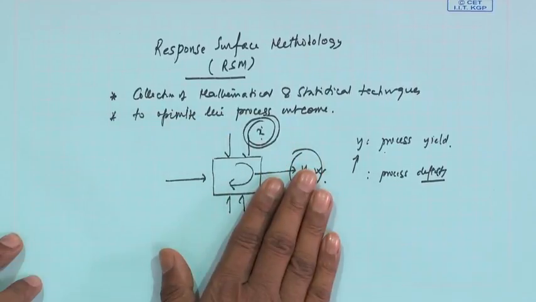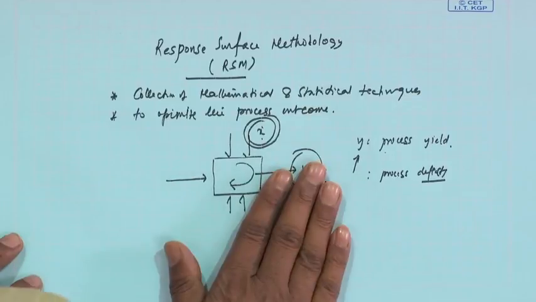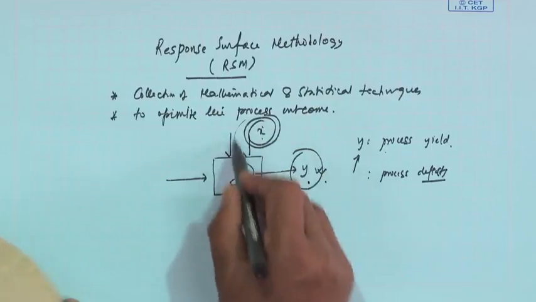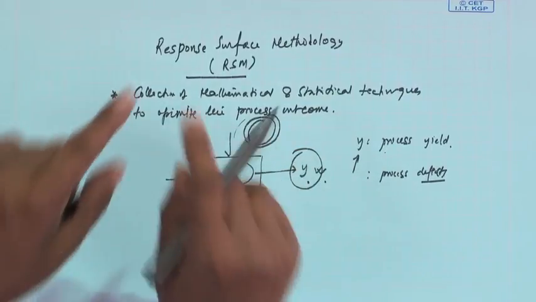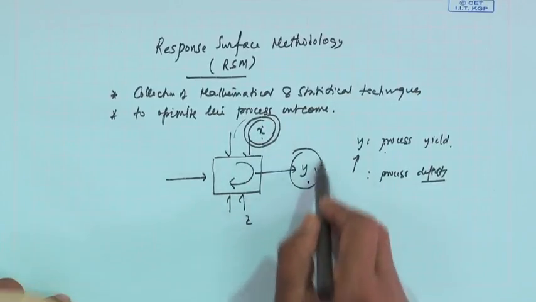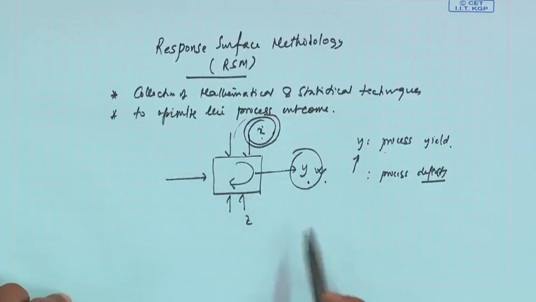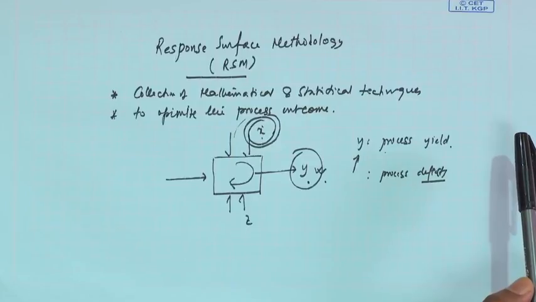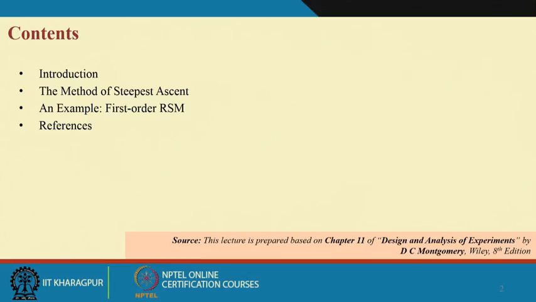What I mean to say is that you want to set x in a particular zone or a particular range, so that y will have the optimum value. That is the purpose of response surface methodology. So, it is basically an optimization technique.